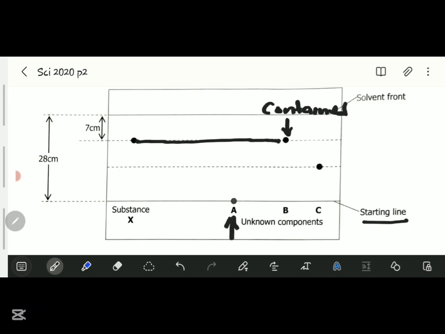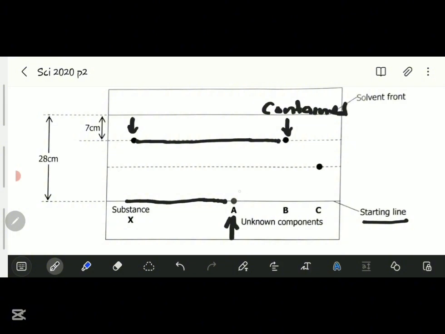So B is contained because the dot for X is in the same line as the dot for B. B is contained. Okay, let's look at A. A, there is no dot also connected, or that is in the same line as X. So here on X there is no dot here, but on A there is a dot.